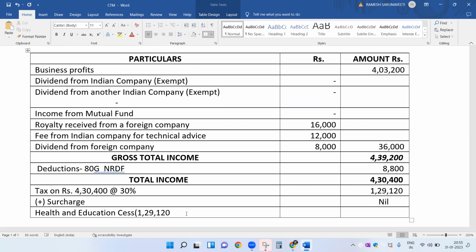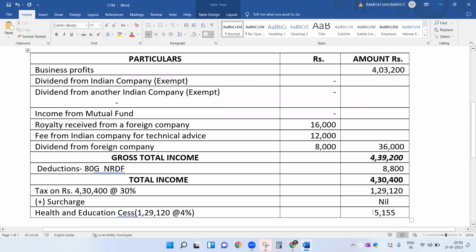On 1,29,120 at the rate of 4%, what is the calculated amount? Please tell me. On 1,29,120, 4% you calculate and tell me the amount. Sir, it's 5,164.8.